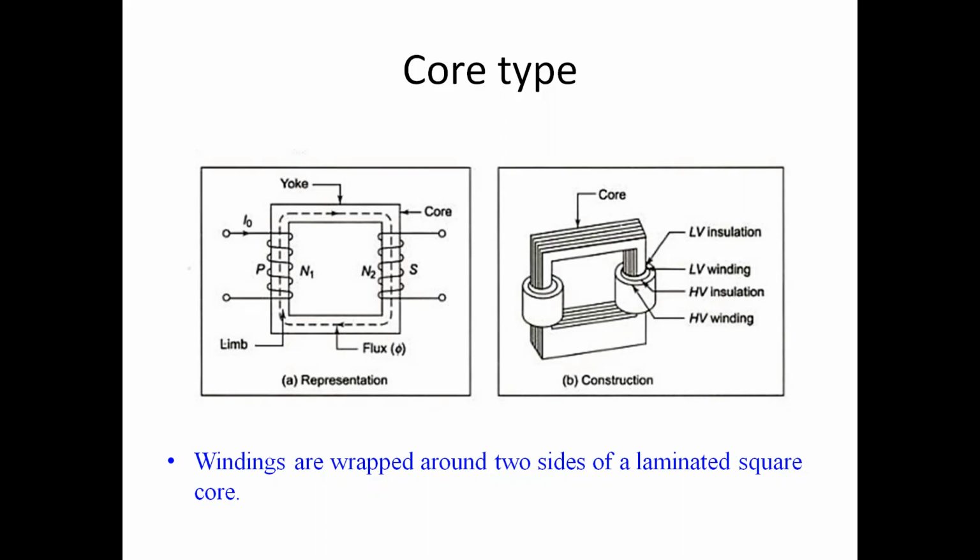That's why they are overlapped, meaning over this LV we put the HV winding.